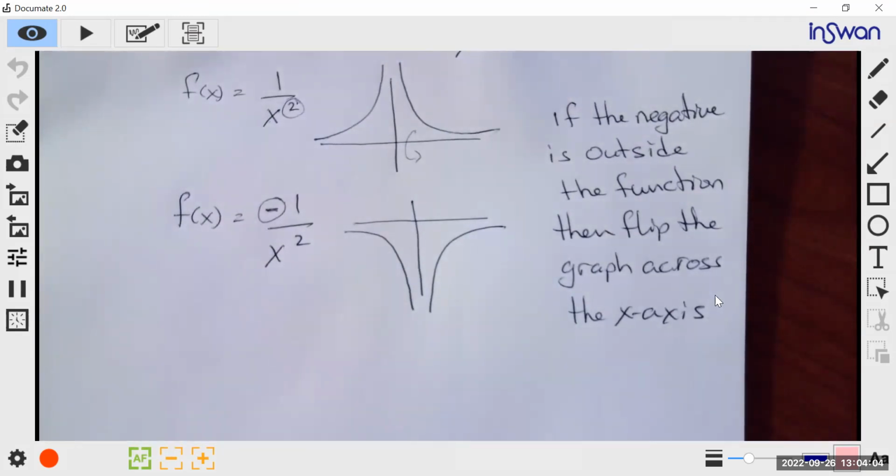Because everything that used to be positive is now negative. Everything that was negative is now positive.